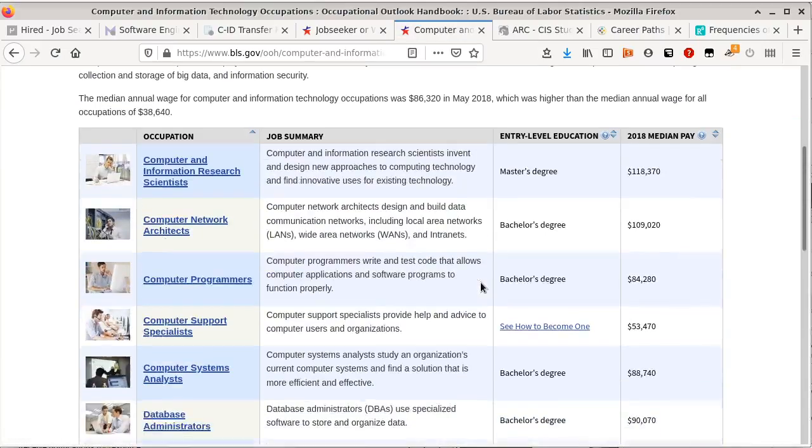Within here, there are many different types of occupations. We have the kind of super nerdy and geeky computer and information research scientists. There are not really a lot of these people or jobs, so for the most part, they are not super applicable to our discussion.